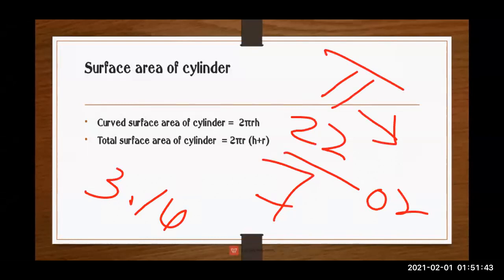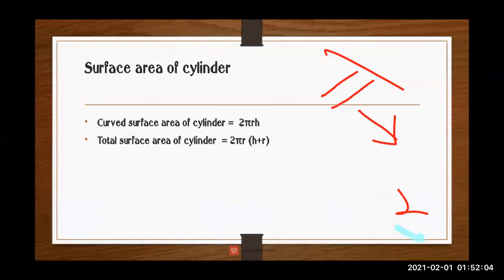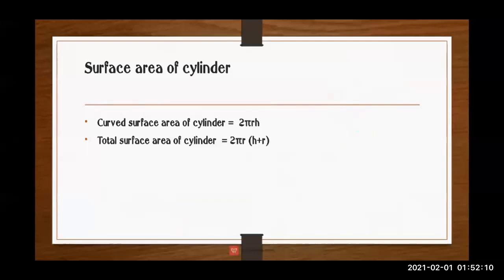So the formula for curved surface area of a cylinder is 2 pi r h, and the formula for total surface area of a cylinder is 2 pi r (r plus h), bracket close. And this pi doesn't change in any formula. Pi will remain as it is, that is 22 upon 7 or 3.14.